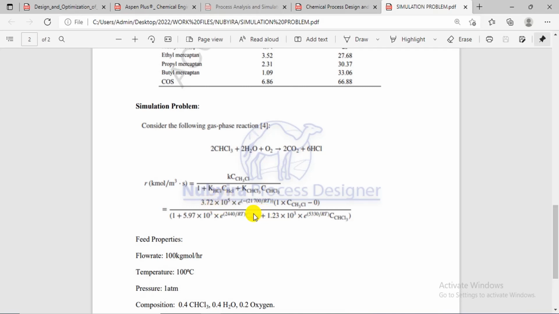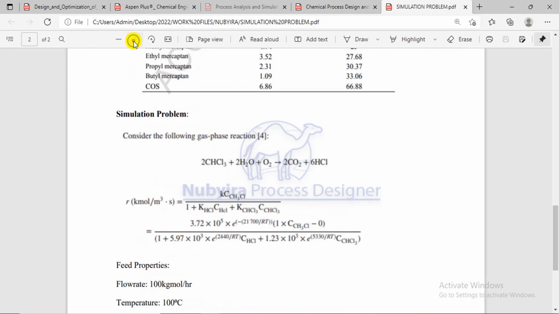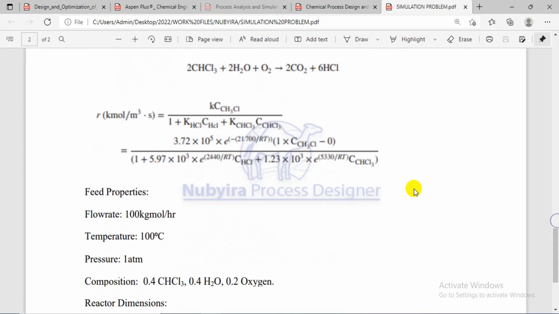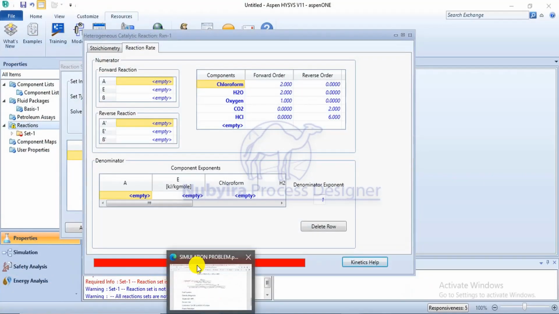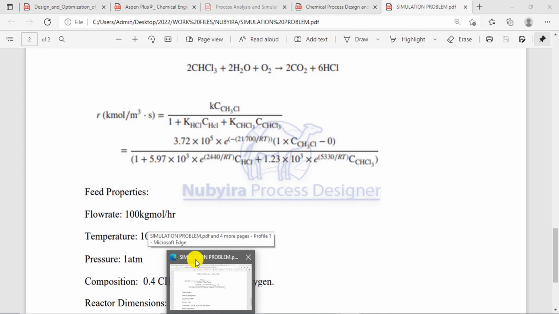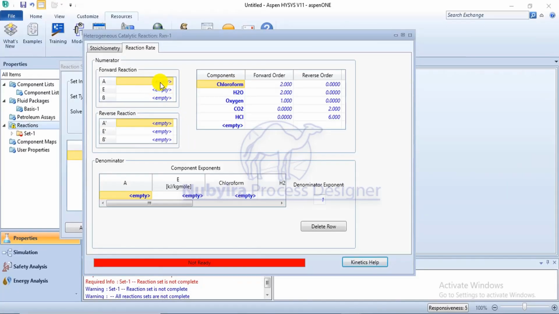Then let me zoom into this. For our activation energy, we'll make use of this value right here. So let's input it. Just pick out the numbers. We have 3.72 times 10 raised to power 5, that is 3.72E5.